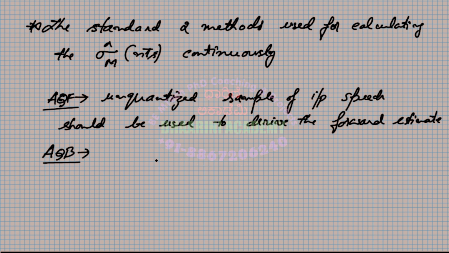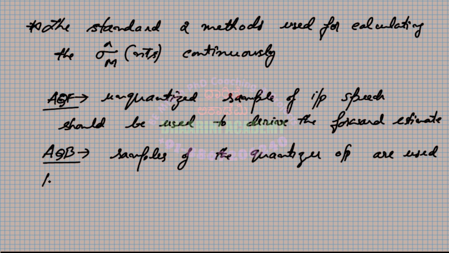In AQB, we do the same thing in reverse: the samples of the quantizer output are used to derive the backward estimate.